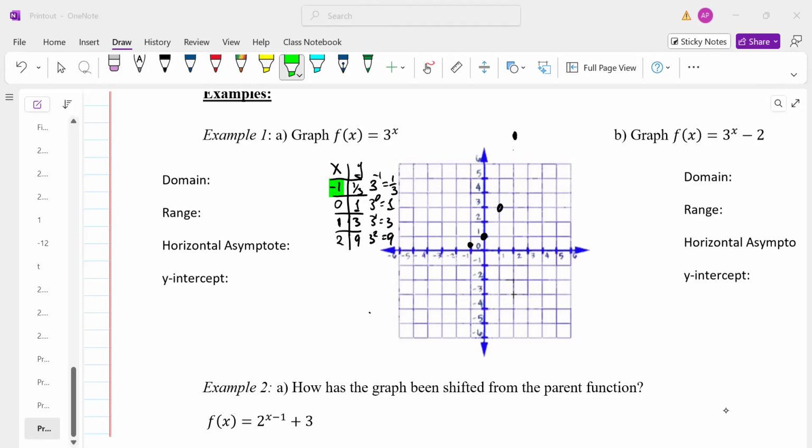And no matter how big our negative number is, so let's say we have 3 to the power -10, notice that this is scientific notation, so it's 1.69 times 10 to the -5th power. So our values get smaller and smaller, but they will never equal 0. So we are approaching 0.